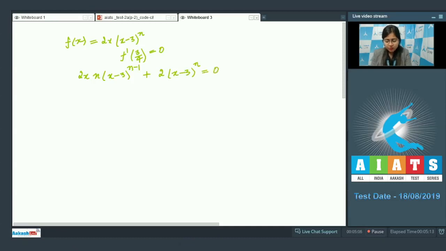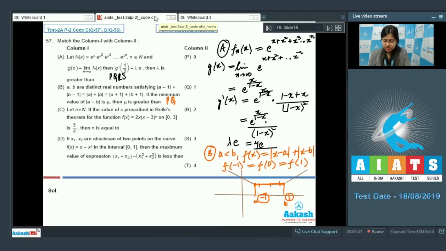So, f dash x is equal to 0, which gives us, taking 2 into (x minus 3) raised to the power n minus 1 common, nx plus x minus 3 equal to 0, that is (n plus 1) into x is equal to 3. Now x is 3 by 4, which means that n plus 1 is 4, that is n is equal to 3. So the answer will be option number S.